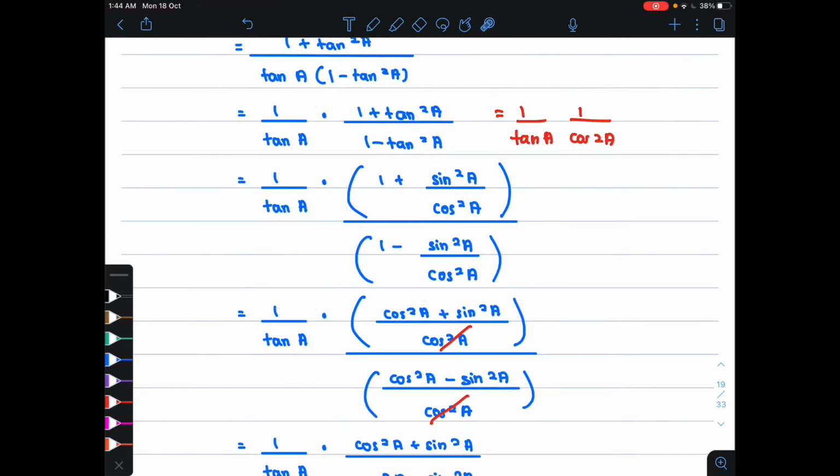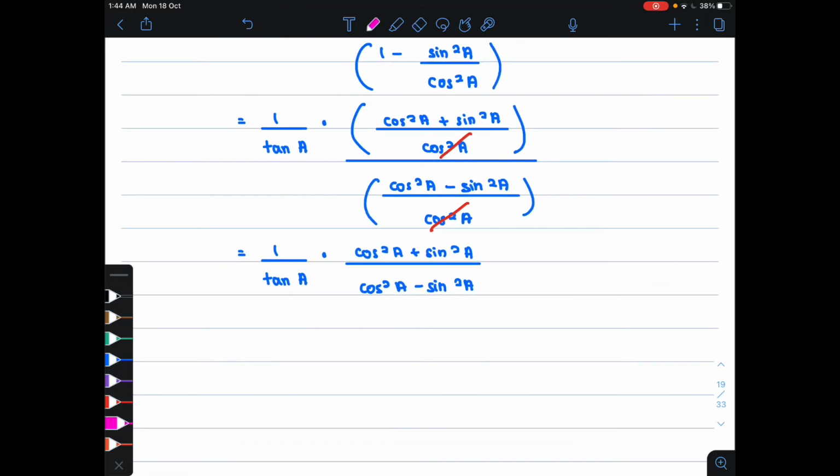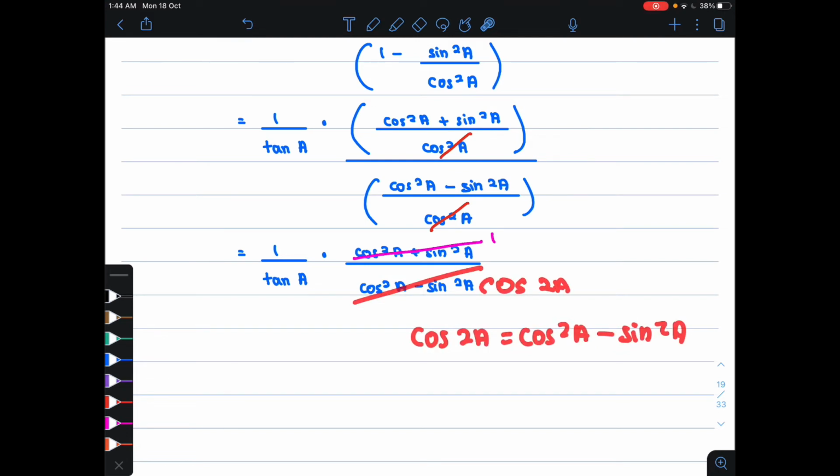So our final answer should have 1 over cos 2A. And we already know that this is actually equal to 1. And what about cos squared A minus sin squared A? Note that cos 2A is actually cos squared A minus sin squared A. So this is actually cos 2A.